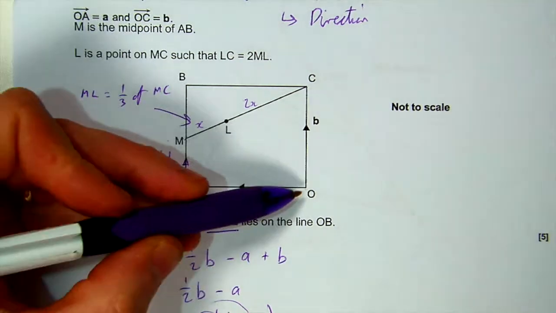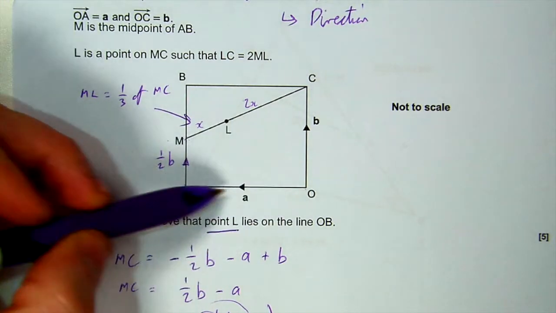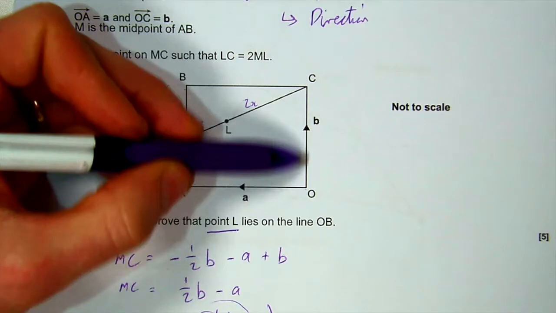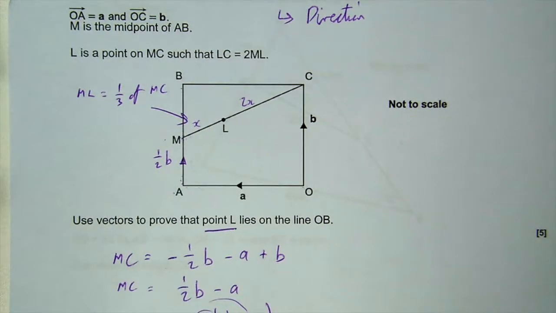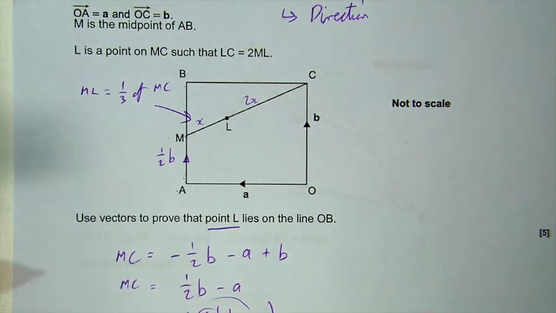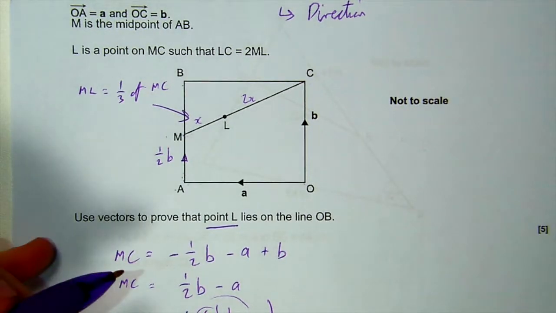So to get from O to B, it's going to be vector A, plus the same as OC, so plus B. Now if I can show that OL is in proportion to this vector here, then we've proved that it's on the line. So now we need to work out what OL will be. How do I get from O to L?